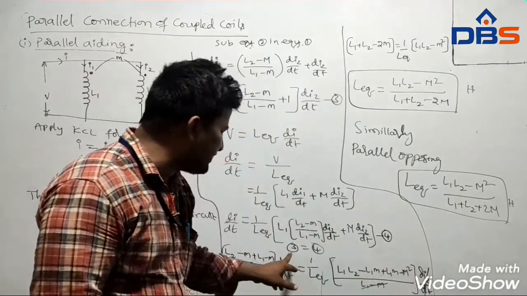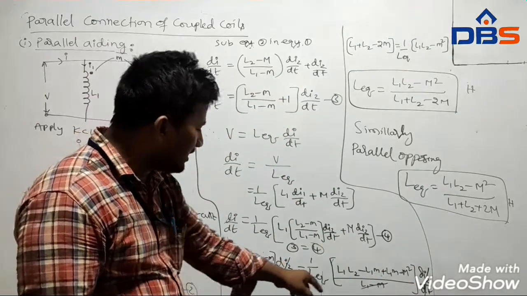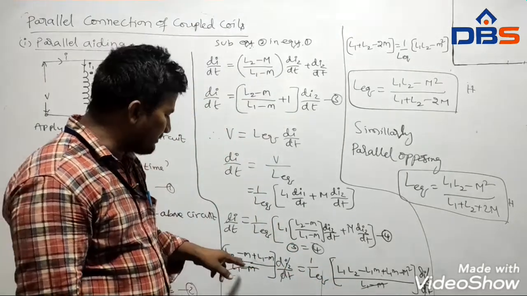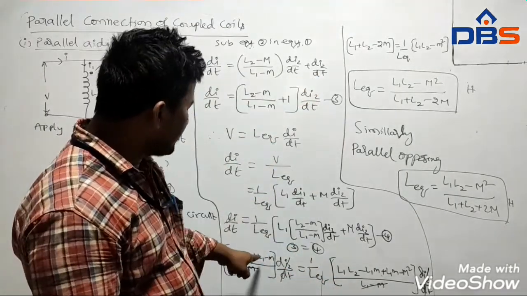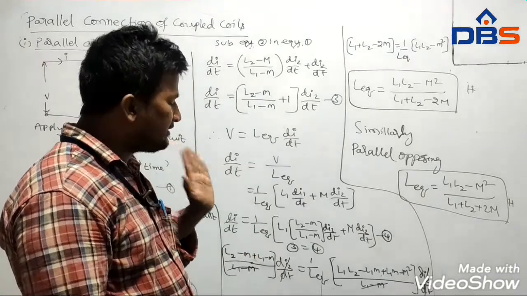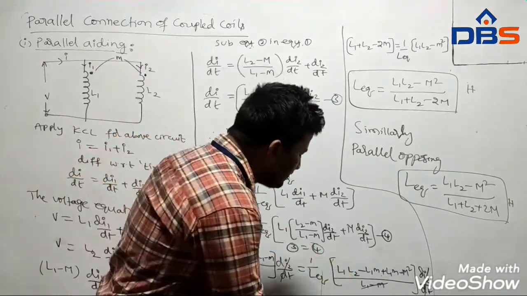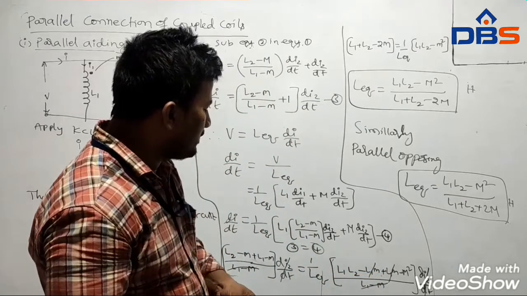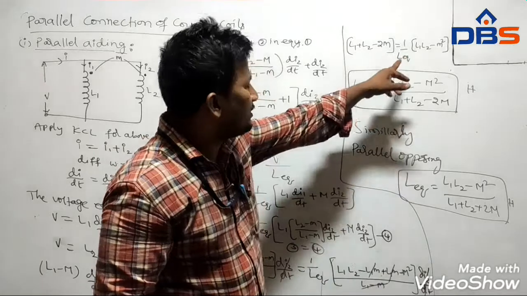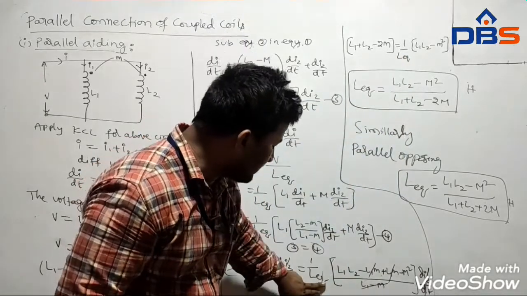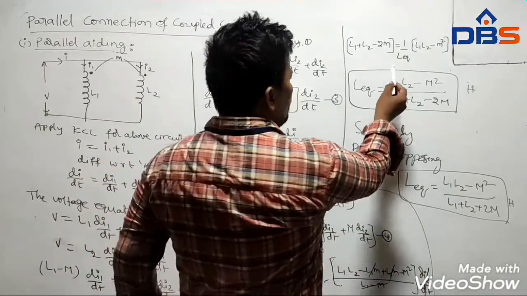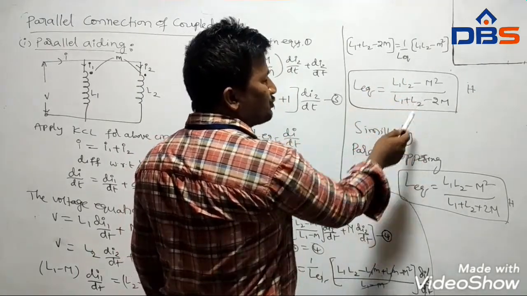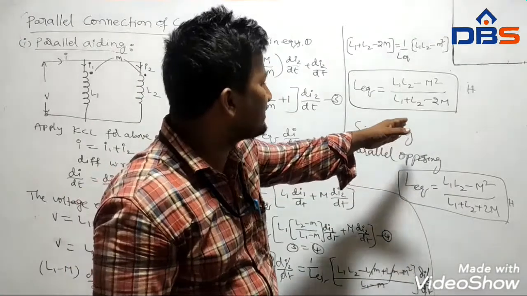Cancel the dI2 by dt term on both sides, and the L1 minus M term on both sides. The remaining terms are L1 plus L2 minus 2M on the left hand side. On the right, L1 M and L1 M cancel each other, leaving L1 L2 minus M square, times 1 by L equivalent. Therefore our requirement, L equivalent, is equal to (L1 L2 minus M square) by (L1 plus L2 minus 2M) Henry.